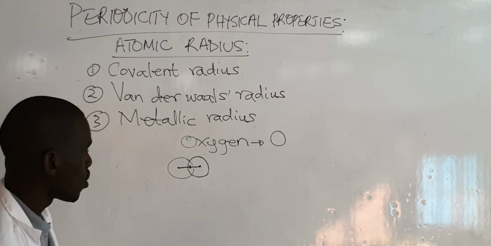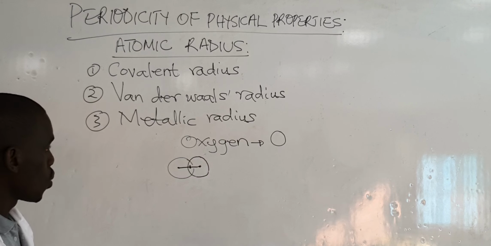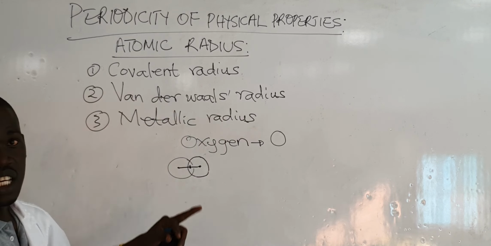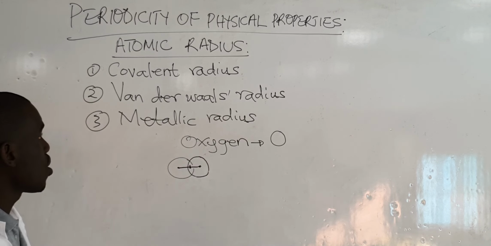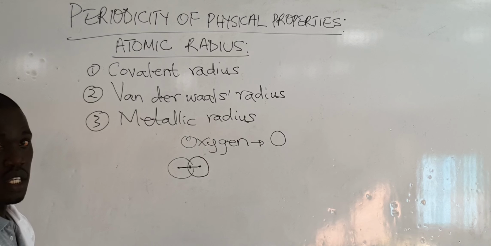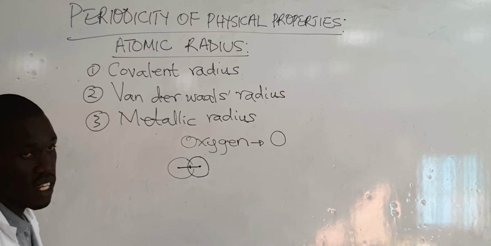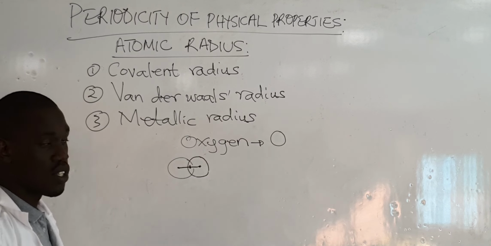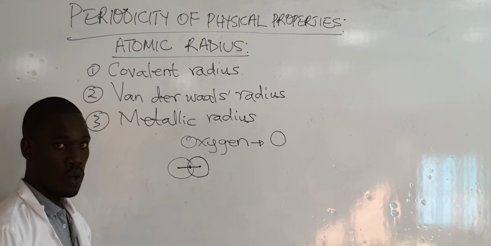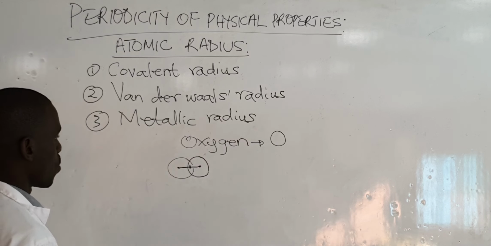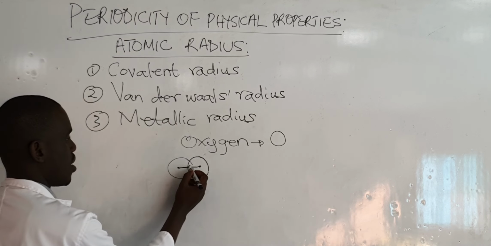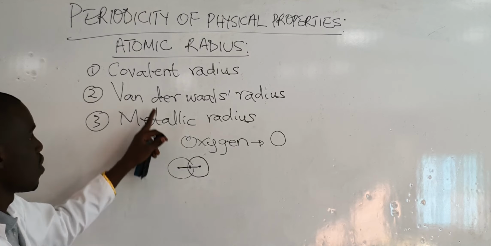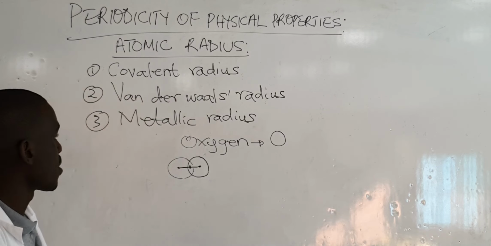You should know that a covalent bond is one where there is sharing of electrons between two atoms within the bond. So, half internuclear distance gives you the covalent radius.